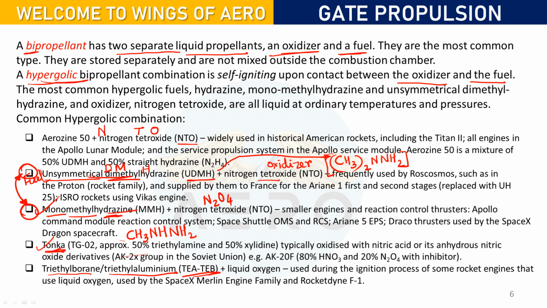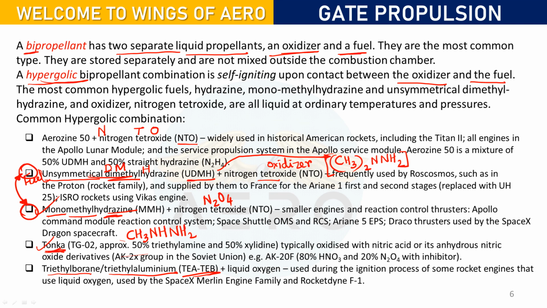Now what are the common hypergolic fuels? One is hydrazine. Hydrazine is also a monopropellant and is hypergolic in nature. It is one of the very important ones. Then monomethyl hydrazine.